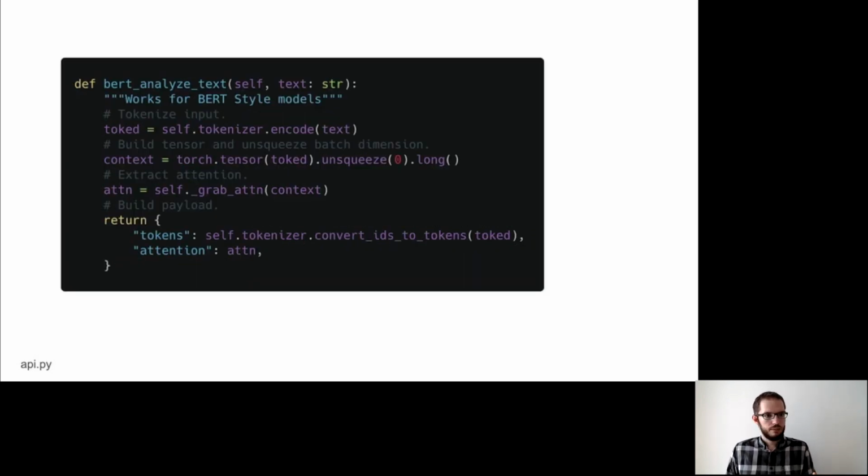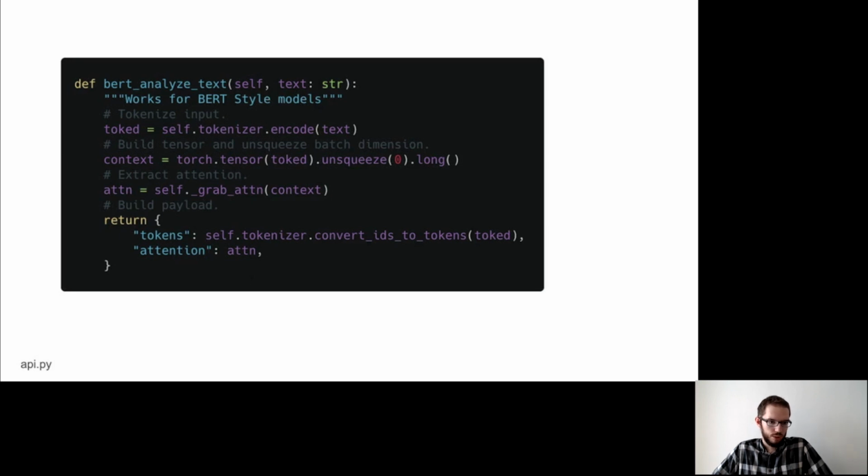We further have, if we focus in on masked language models, like BERT, one function within that class that is called BERT analyze text. And here we simply tokenize the input. We build the tensor and unsqueeze the batch dimension because we're only supporting a batch size of 1.